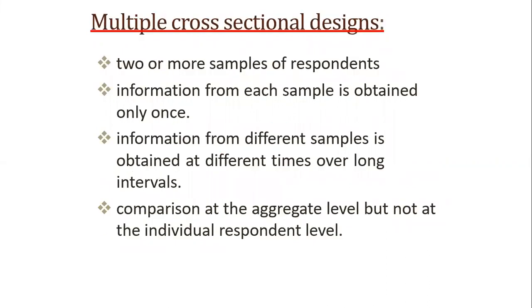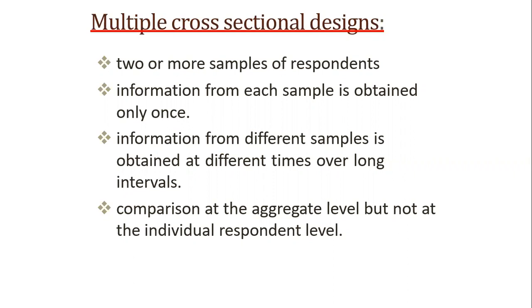When we come to the multiple cross-sectional designs, two or more samples of the respondents will be taken. Information from each sample is obtained only once. Okay, so samples can be collected from two or more respondents, but there we were going for only one respondent. Information from different samples is obtained at different times over long intervals. Comparison is at the aggregate level, but not at the individual respondent level, because here we are going for two or more samples.